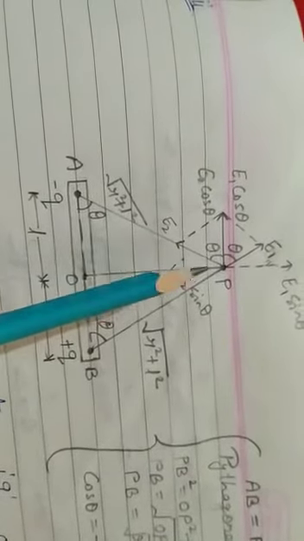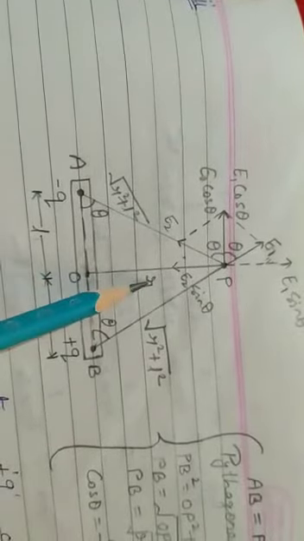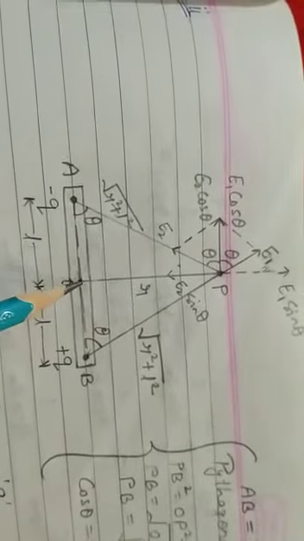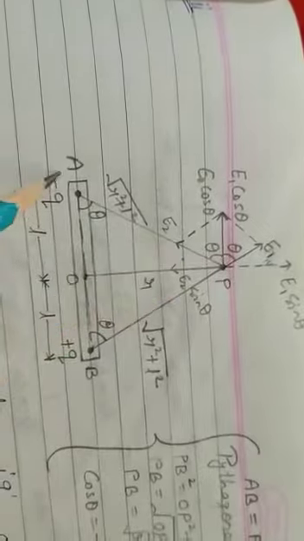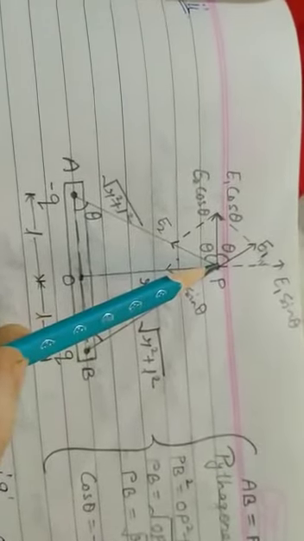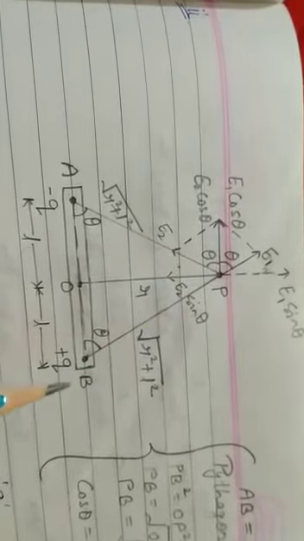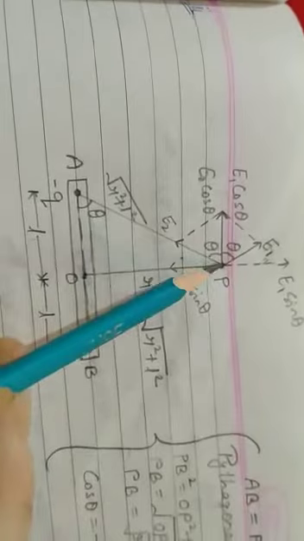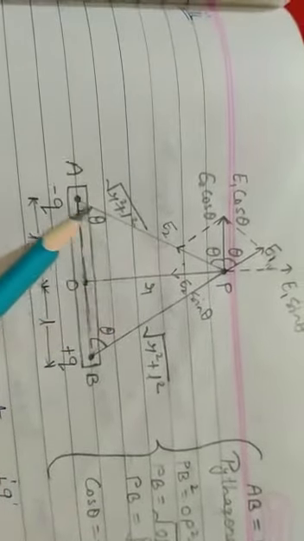The distance of point P from point O is R, and from the minus Q and plus Q charges, the distance is something else. This distance we will find from the Pythagoras theorem. You can see one right angle triangle here.